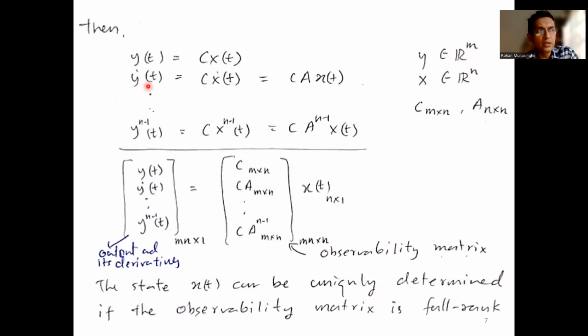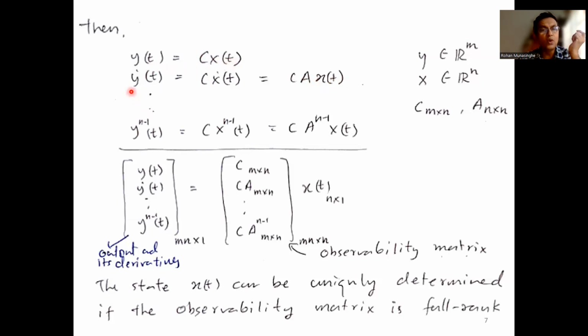So we have y dot, which is equal to C x dot. Now x dot is equal to Ax. It is the system equation. So you can write this as C times, in place of x dot, Ax. So eventually it is CAx, whereas the first one is just Cx.